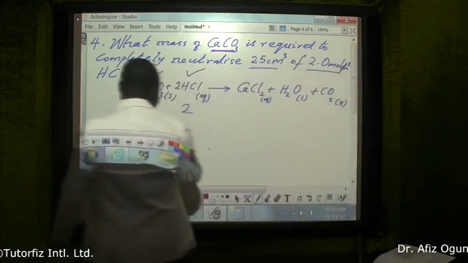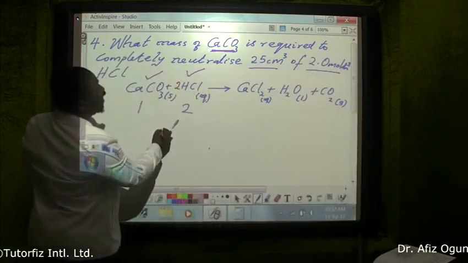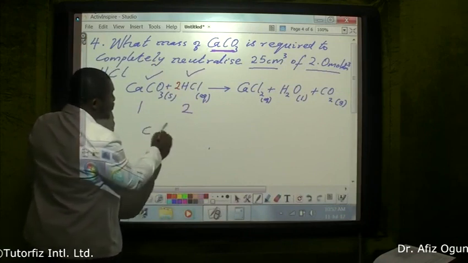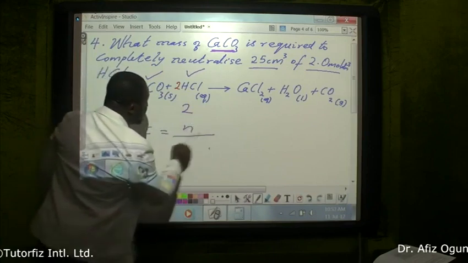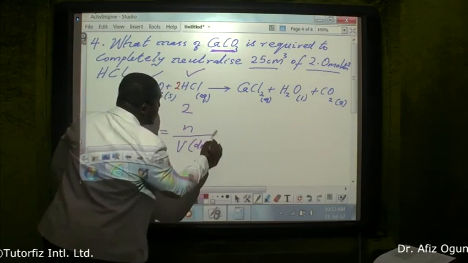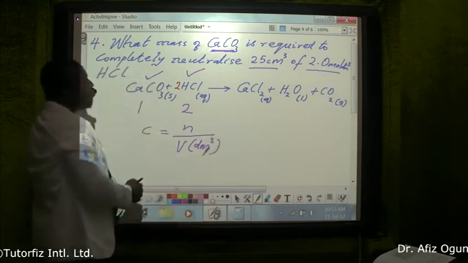Using my formula again for my HCl, concentration equals number of mole divided by volume in dm cube. My volume is 25.